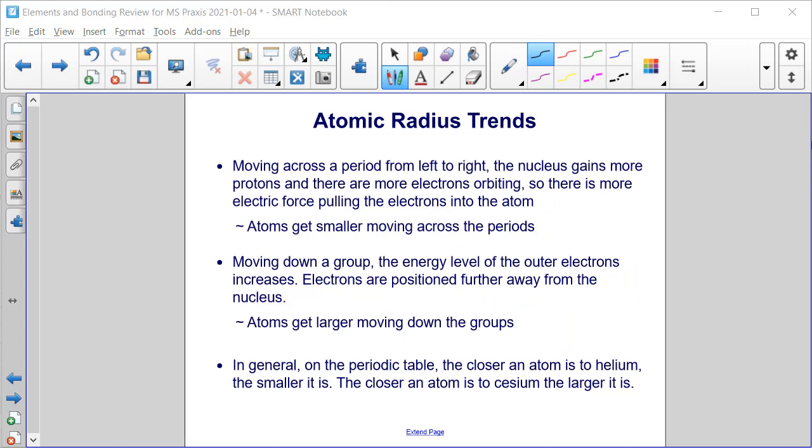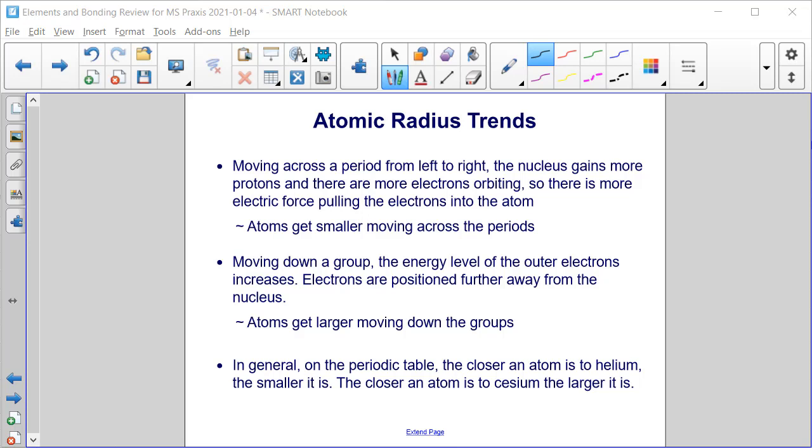All right, so what are the trends that we see in the periodic table as it relates to atomic radius? Atomic radius being the distance of the atom's radius from the nucleus in its center to the outermost part of that electron cloud. So moving across a period from left to right, you're adding one proton each time. So the nucleus is getting more protons, and you're also adding an electron.